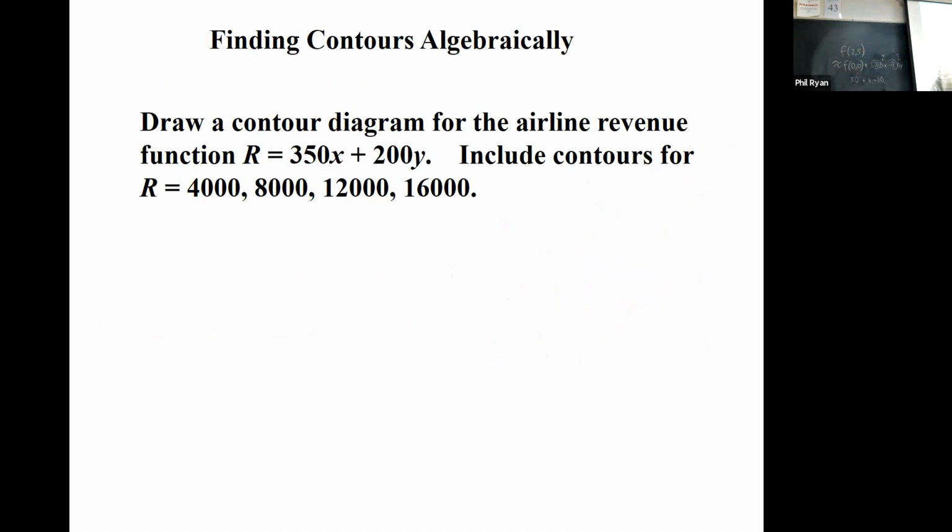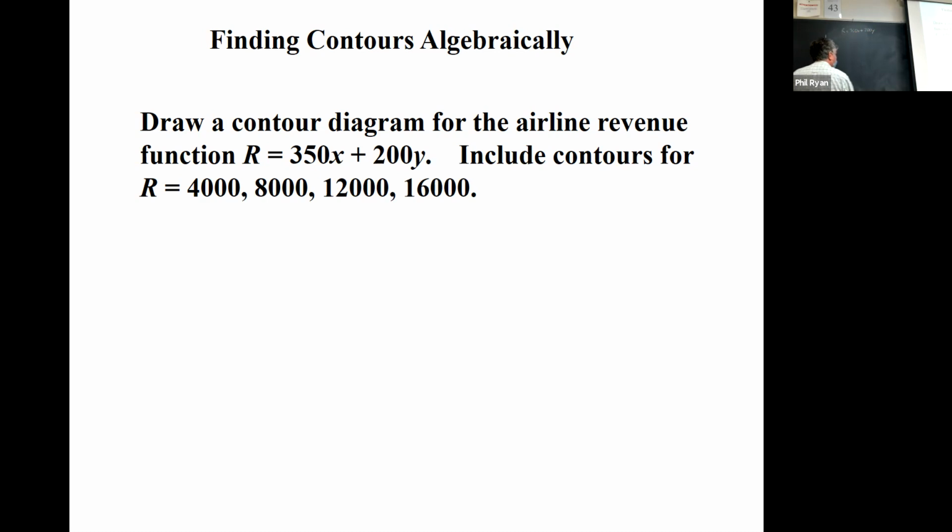And so how do we go about finding these contours? Here is a very straightforward function: R equals 350x plus 200y.